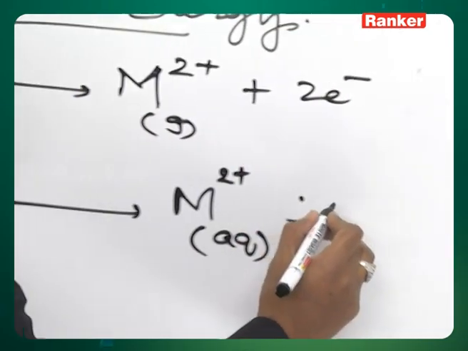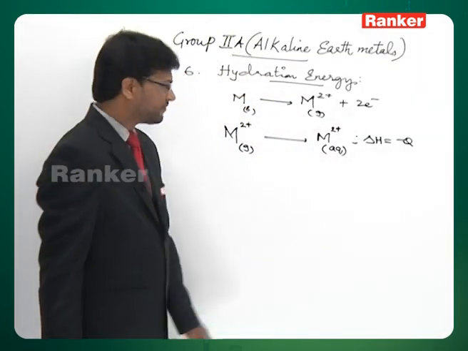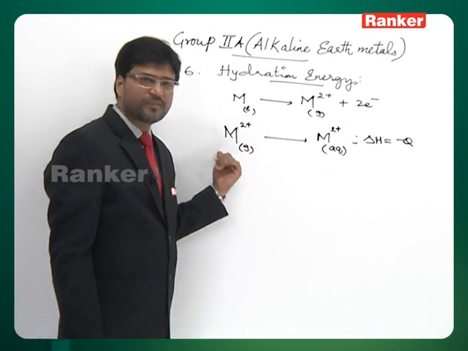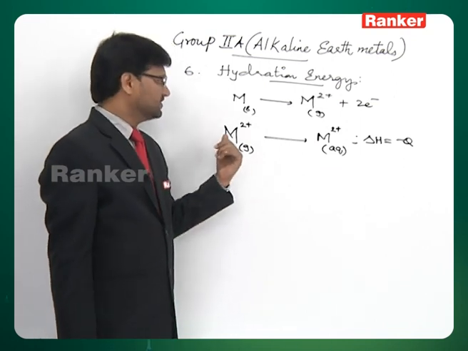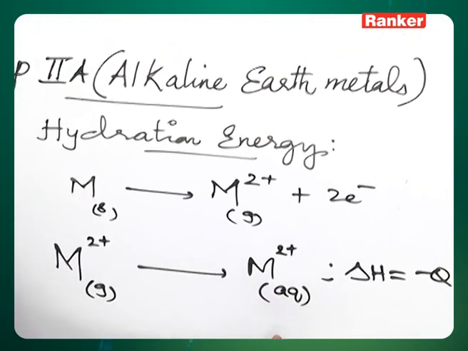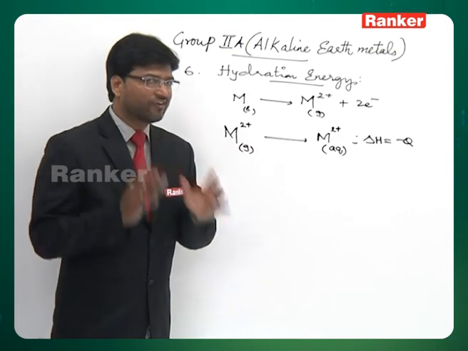This process is exothermic. So the enthalpy change involved in the transformation of 1 mole of gaseous dipositive ions into aquated ions is called hydration enthalpy. We are going to compare hydration enthalpy.